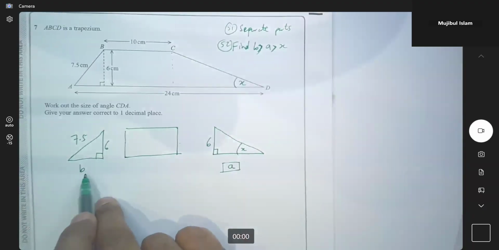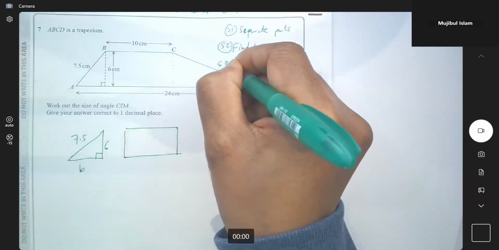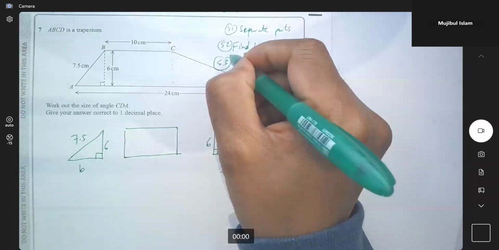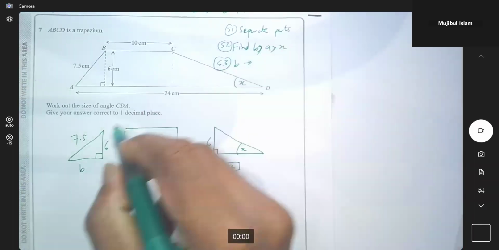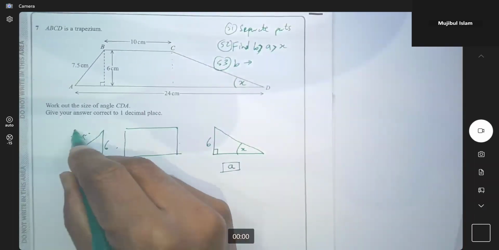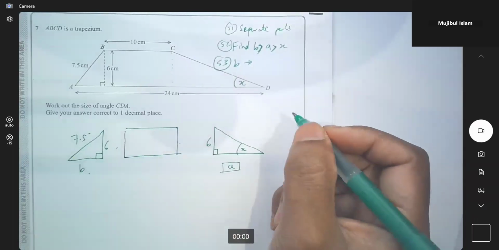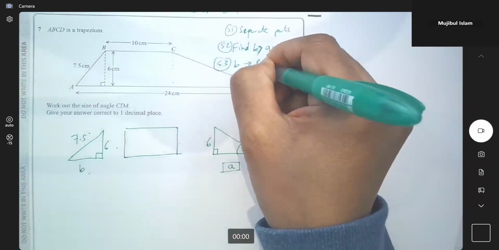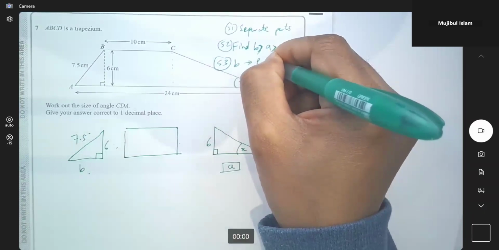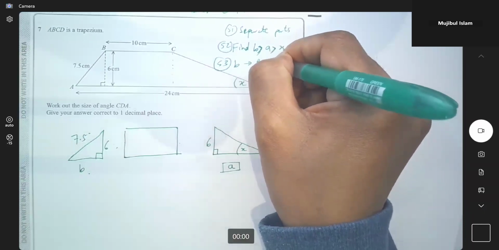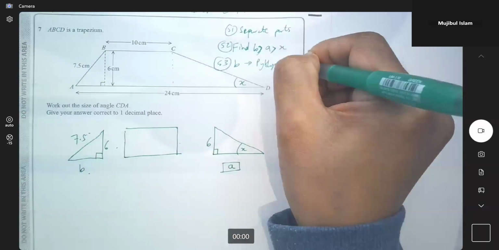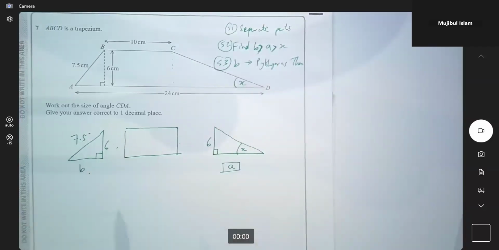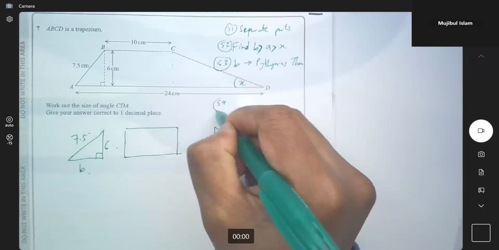Now, how do I find B? Step three, to find B, well, I've got side, side, side. When we have side, side, side, what is that? That's Pythagoras' theorem. After I work out Pythagoras' theorem, I can work out A, step four.